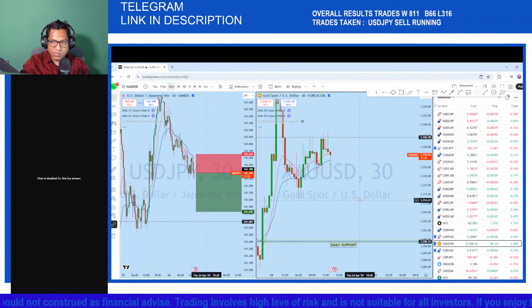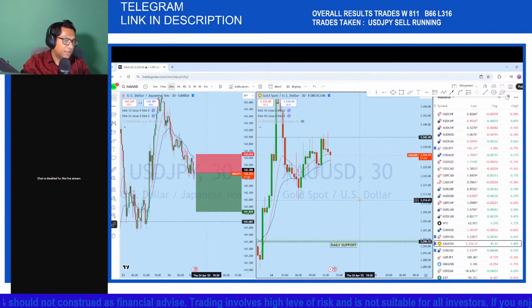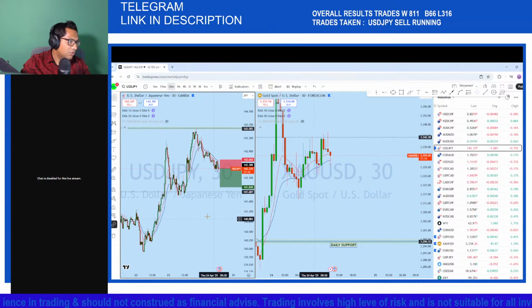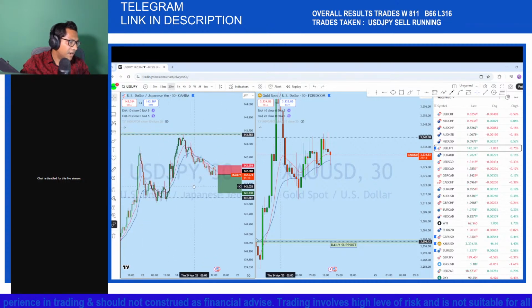So there is always the market moves from where there is an imbalance to restore that balance. So if you look at here, you can see that there were buyers here, right?